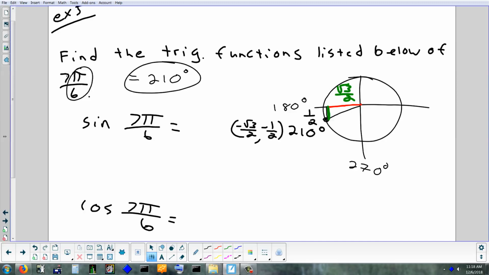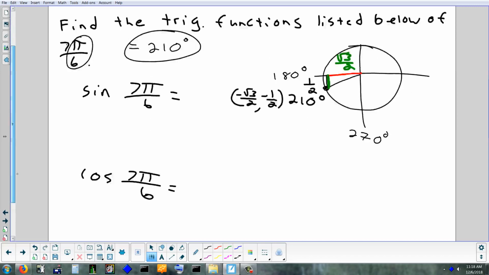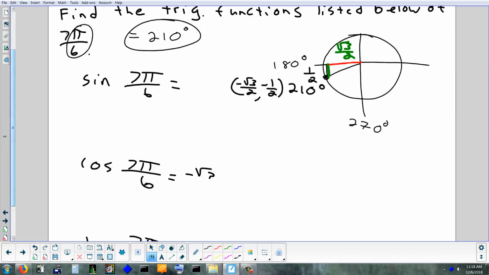And now we just go through and do all the same stuff again. So my sine, how about Devin? It would be the negative 1/2. That's my cosine, negative square root 3 over 2. Yeah.